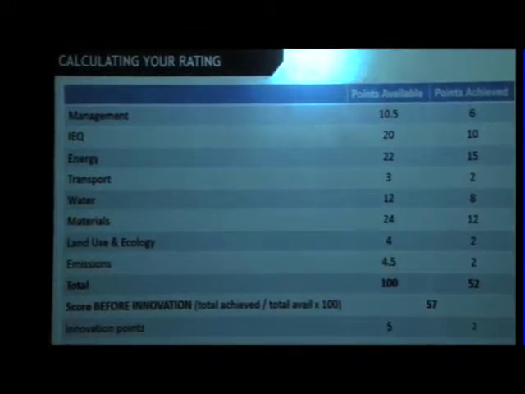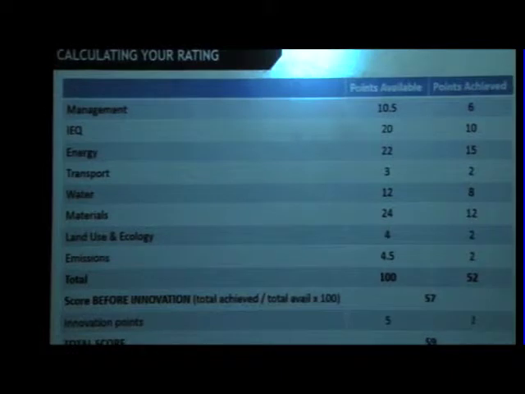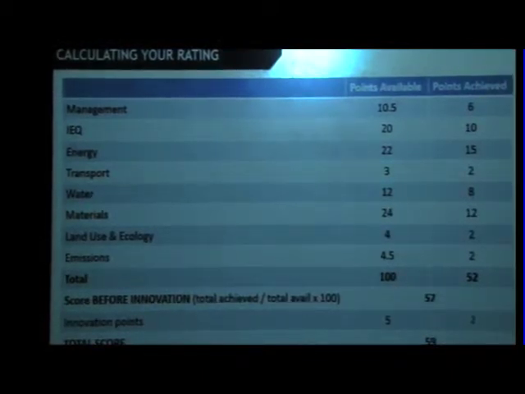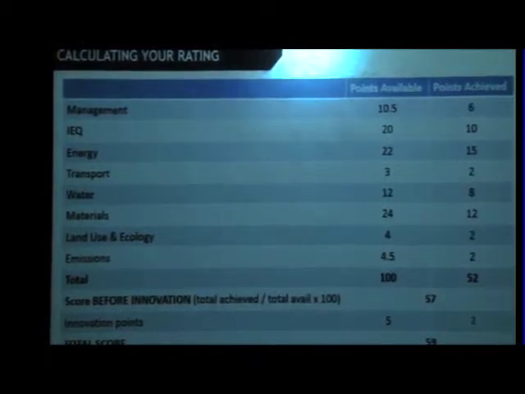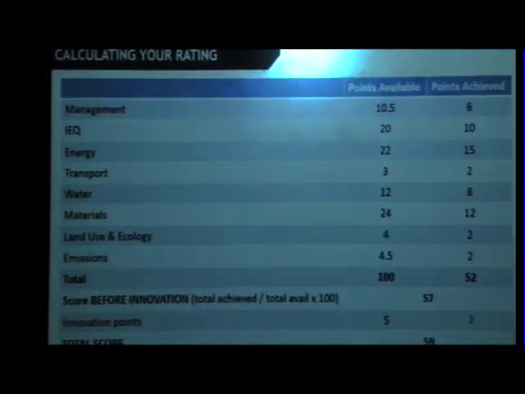That gives you an idea of the most important categories from an interiors perspective: 24 points for materials, 22 points for energy, 20 points for IEQ, and then 10.5 points for management.